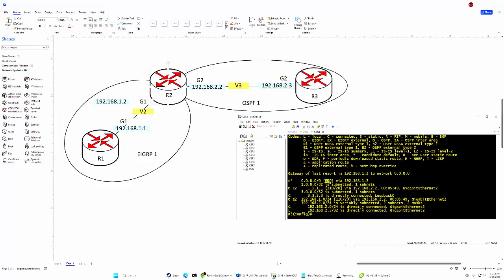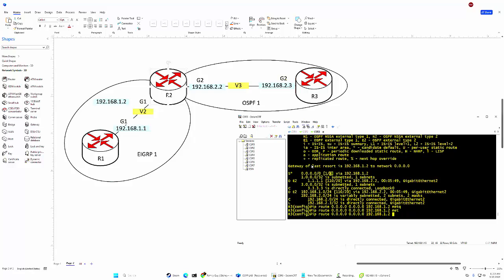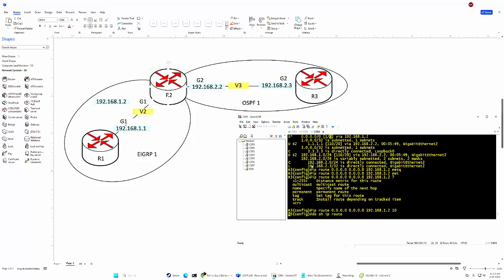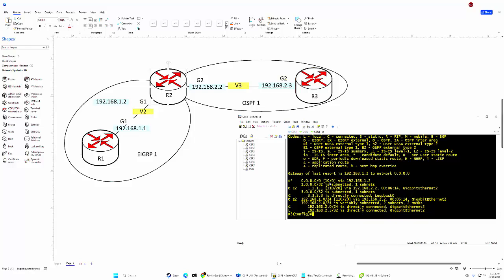Yeah, it's administrative distance of 1, but 0 for the metric. So if I go in here and say 2 and say metric 10, that now has an administrative distance of 10.